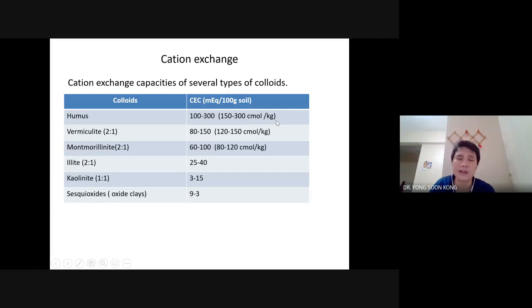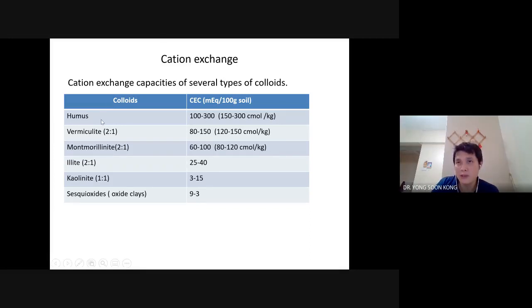And I can safely tell you, your seniors previously who have done CEC on the soil that you collected behind Day 1 Kuliah, DK Delta, and also near Faculty of Law, found those soils have between 1 and 10 centimole per kg, which is very low.